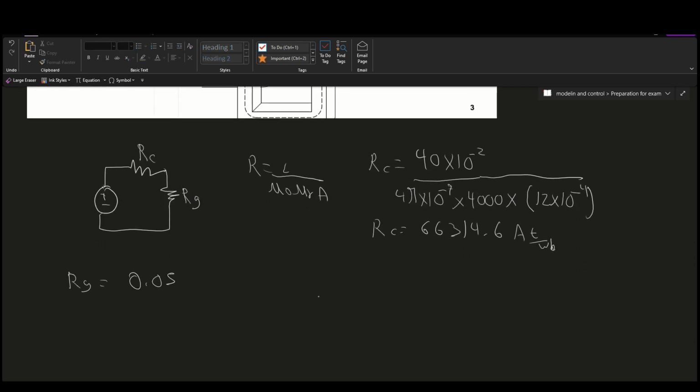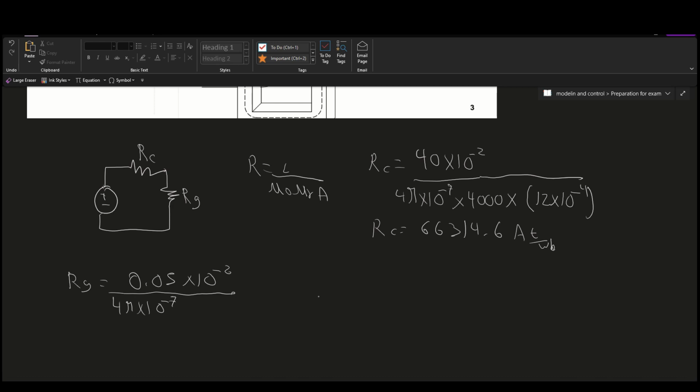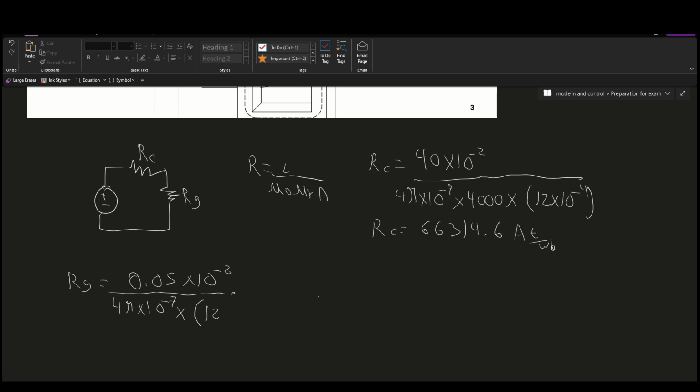So 0.4 centimeters, we change it to meters, and then we multiply by the permeability of the air. In this case we don't have mu r, because mu r is regarding the core, and because we have air we only have the permeability of air. And we multiply this by 12, that is the cross-sectional area, 12 centimeters square.